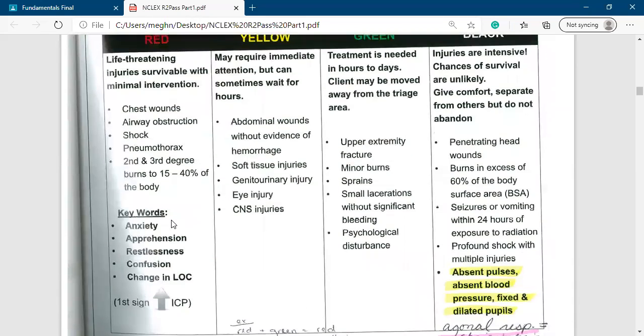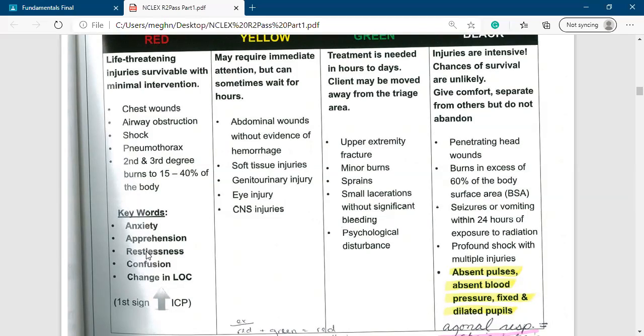And the keywords about class 1 or red tag: patients are anxious, apprehensive, restless, confused, and have a changed level of consciousness.